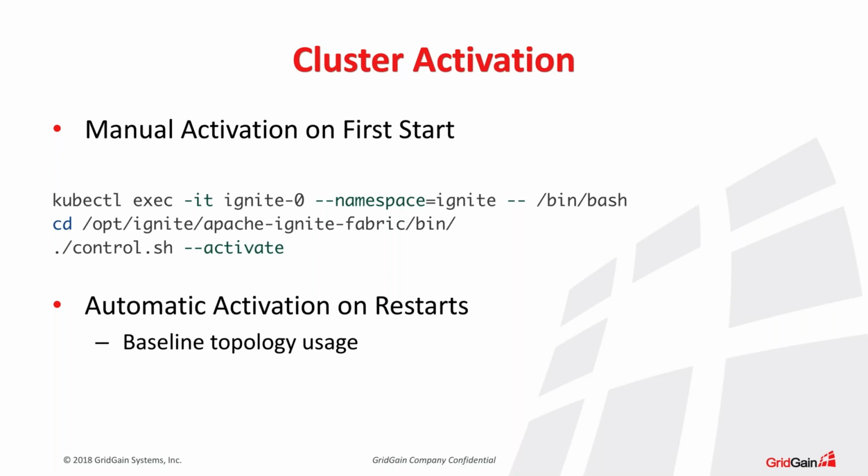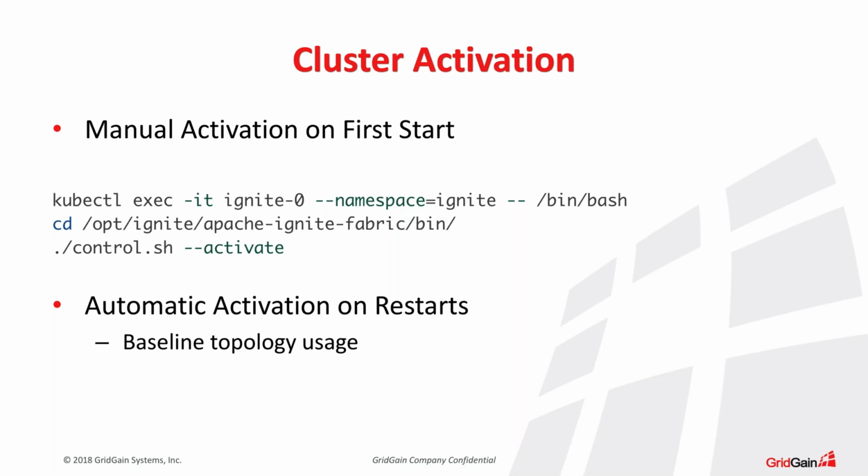Here on the screen, three commands are shown that you need to use to do that if you are deployed in Kubernetes. First you need to connect to one of the Ignite pods. Here we are connecting to ignite-0. Then we go to the bin folder of Ignite that contains all the required scripts, and we execute the control script to activate our cluster.